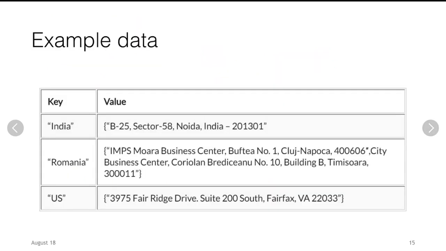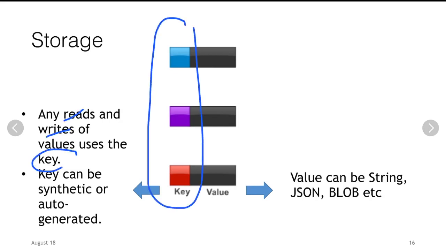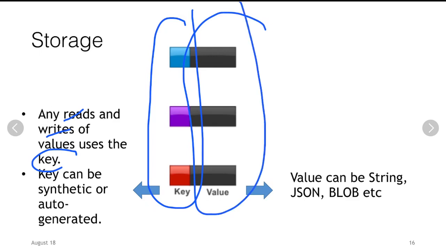So these are the examples. Any reads and writes of values will use the key. So these are the keys and these are the values. And the values can be in string, JSON and others.